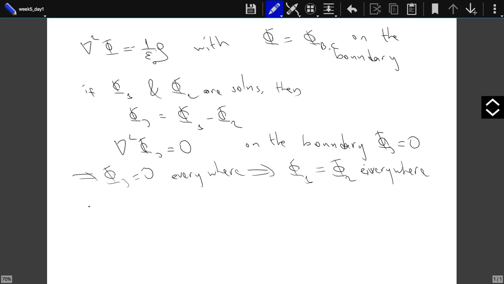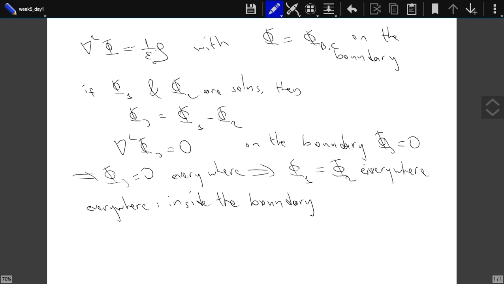Again, it will be crucial that this everywhere means inside the boundary. They might be different outside our boundary, but inside the boundary, we know that they are equal.